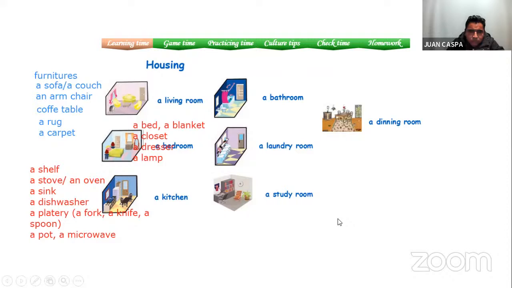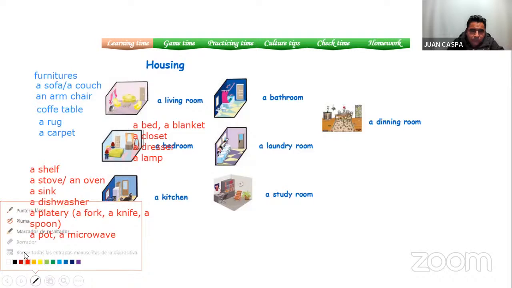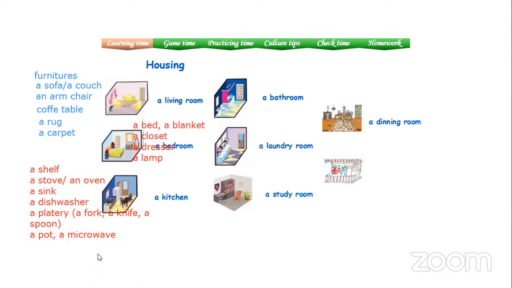What do you think we have in a dining room? Maybe if you can remember some things, Enzo. Table, mm-hmm. Chair, great. What else?